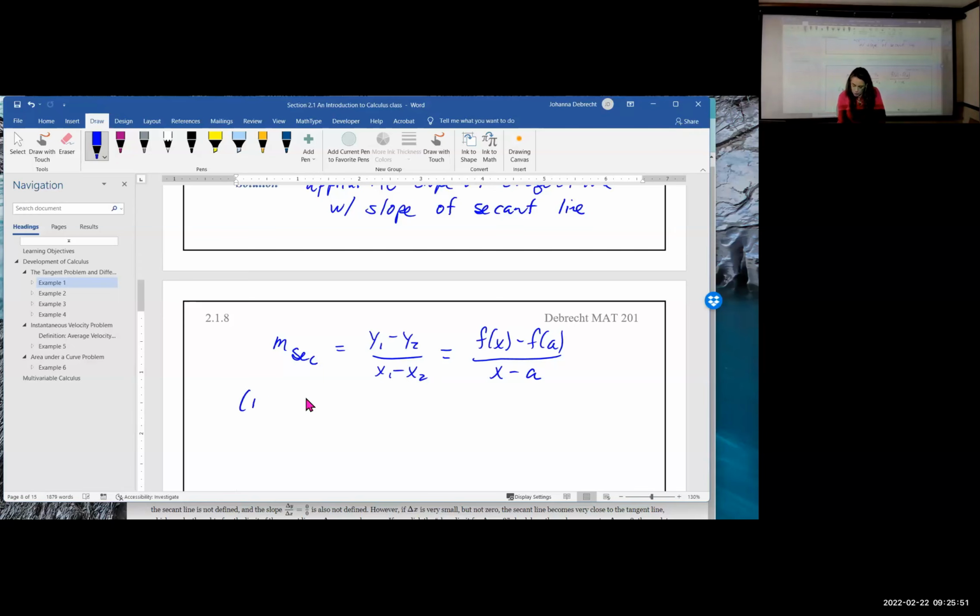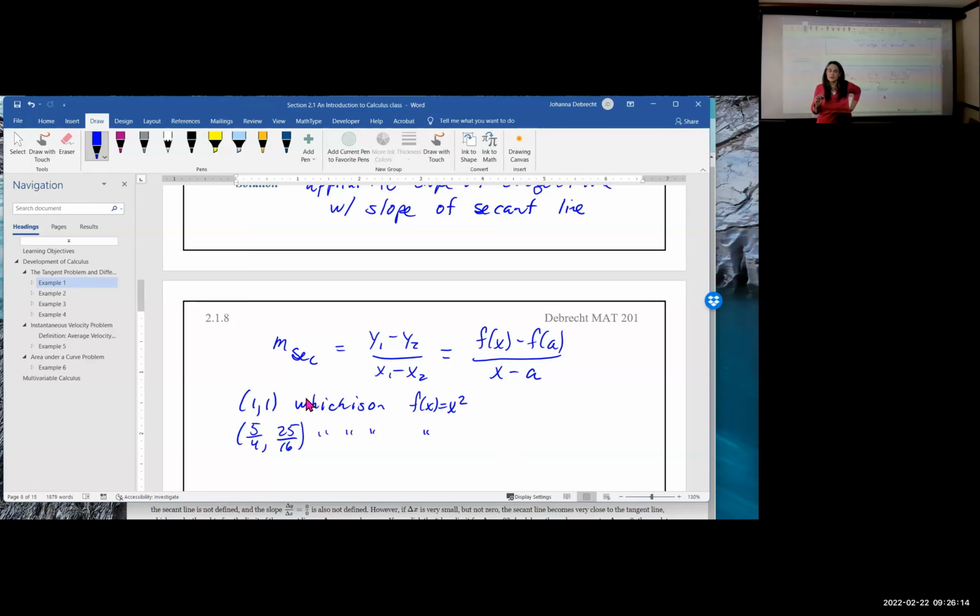We have the point 1, 1, which is on our graph, and our graph is f of x equals x squared. And then we also have the point 5 fourths, 25 sixteenths, which is also on that function.